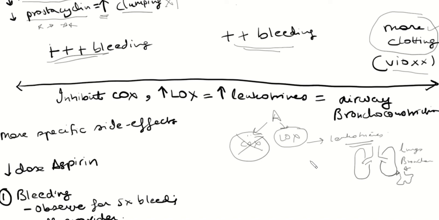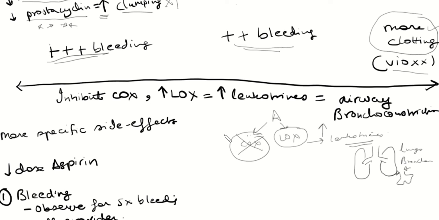So when we're giving these patients a COX-1 inhibitor or a COX-1 and COX-2 inhibitor, what is a big issue with that? Because of this, the amount of leukotrienes is going to go up and their airways are going to become more hyperresponsive and inflamed.